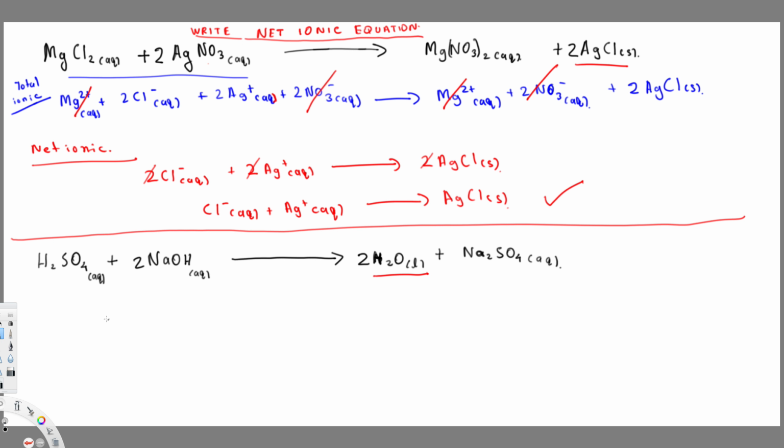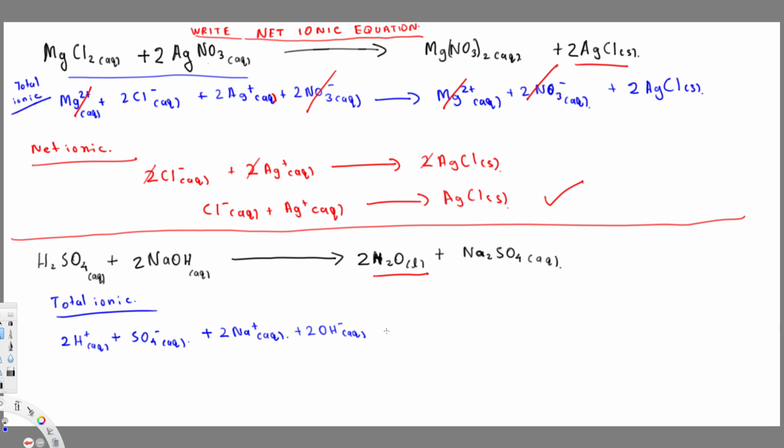Now we are ready to go for the total ionic. So let's write the total ionic equation. We are going to separate all the aqueous. In this case we are going to have 2H plus aqueous, then SO4 minus aqueous, then 2 sodium ion aqueous, then 2 OH minus aqueous.